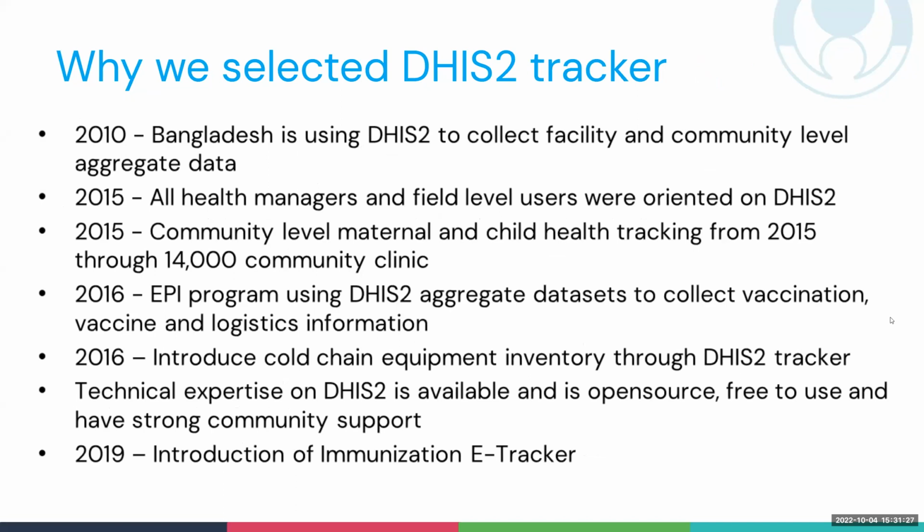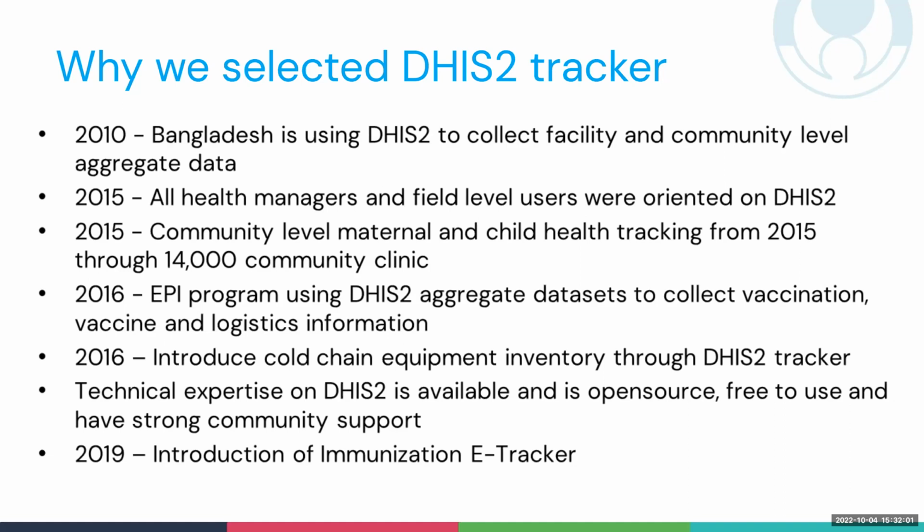So why did we select the DHIS2 tracker? These are the timelines. From 2010, Bangladesh has been using DHIS2 for facility and community level aggregate data. From 2015, all the health managers and field level users were oriented in DHIS2, and we collected maternal and child health data from 14,000 community clinics throughout Bangladesh.